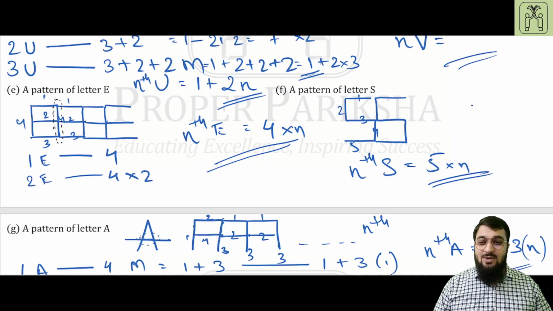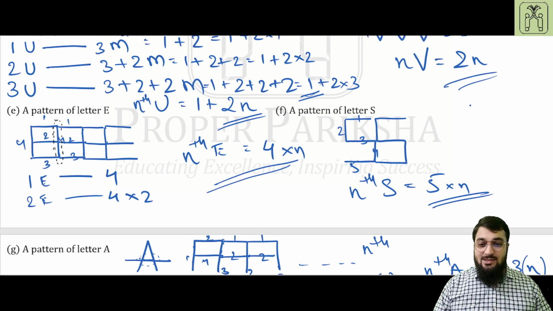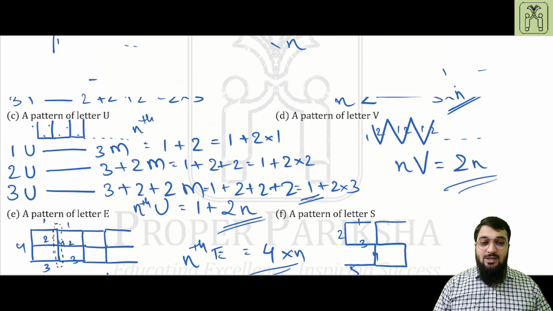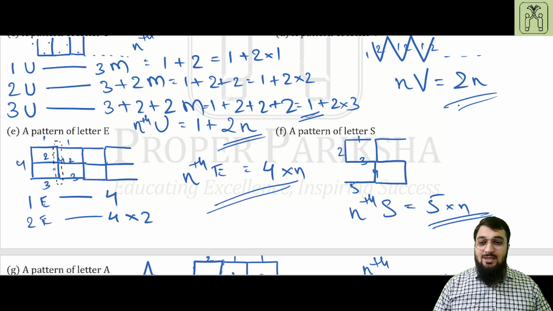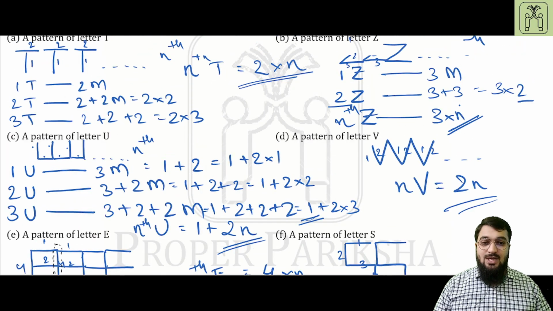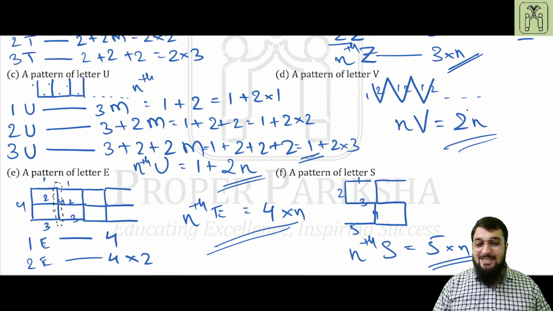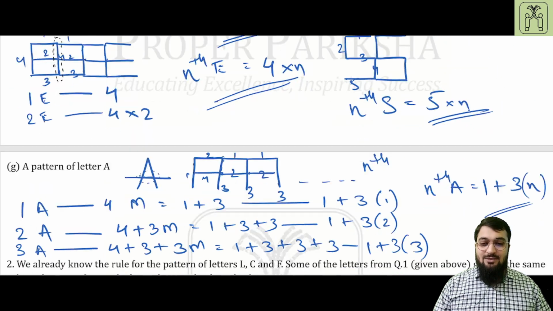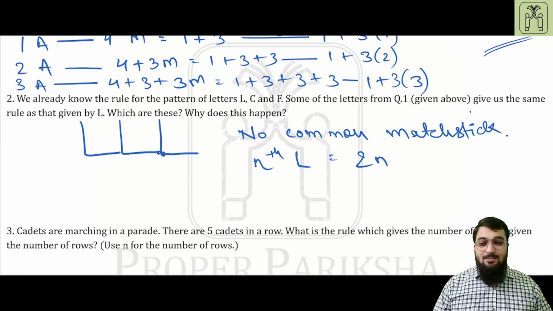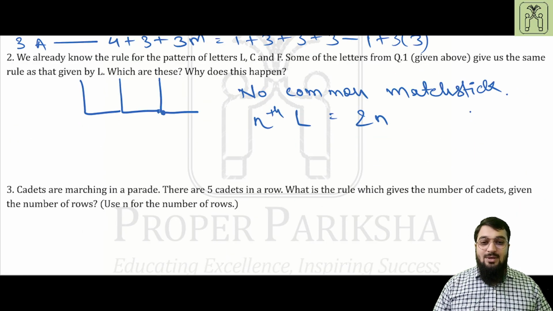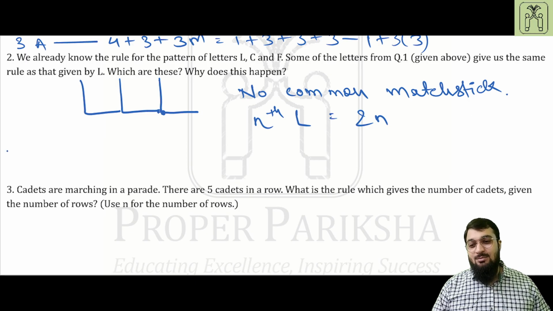So the similar ones will be the pattern of letter E, the pattern of letter S, and the pattern of letter V. So V, E, S will have the same. Another one will be pattern of letter Z and pattern of letter T. So T, Z, V, E, S will have the same type of pattern as question number 2.